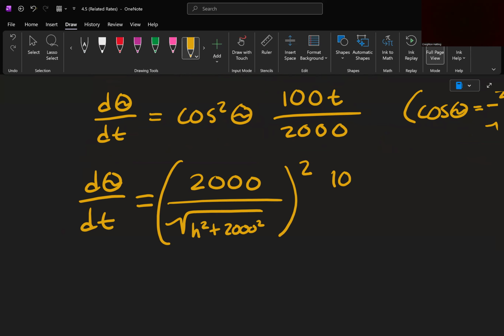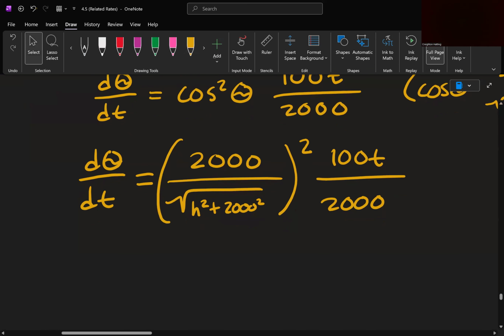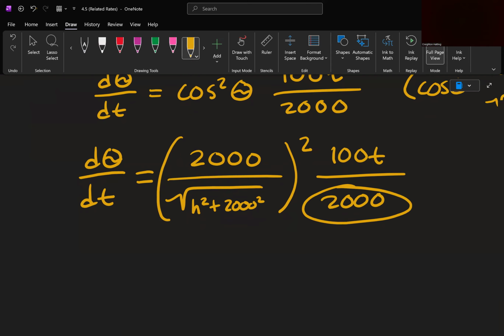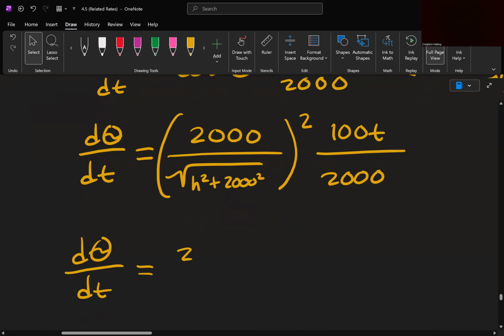And then that is going to multiply by 100t over 2000. Okay, it looks messy, but actually a lot of these things cancel. I've got two 2000s up here, but I have one 2000 right here, so that actually is going to cancel. So ultimately, I'm going to get d theta dt will be equal to 2000.